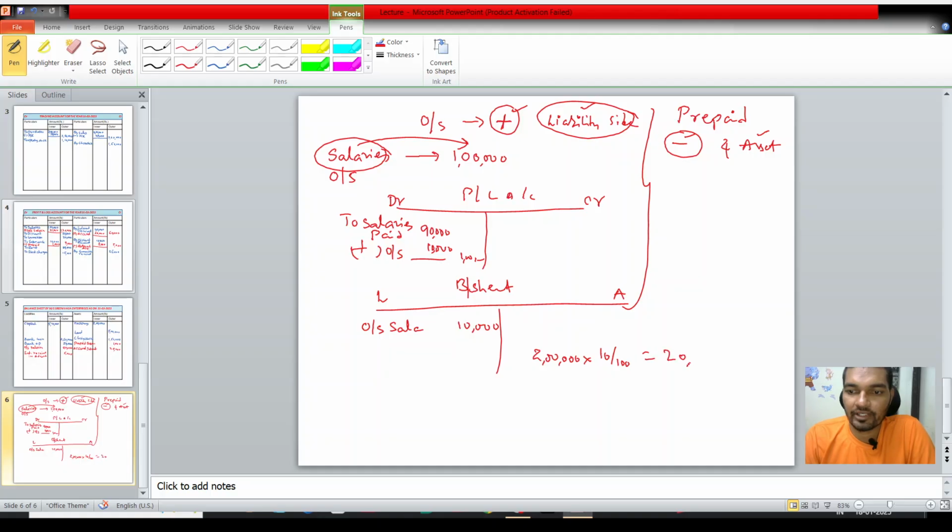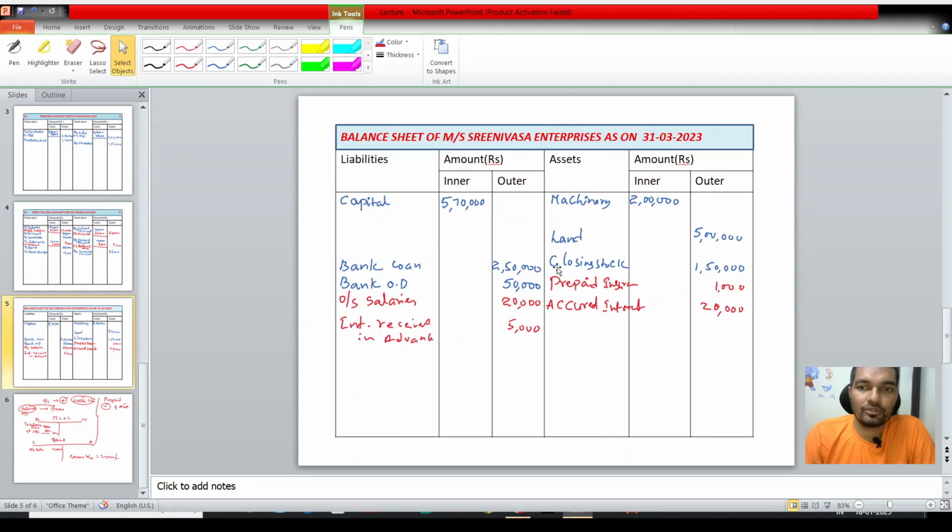So for every year, for the machine, 20,000 rupees of depreciation is occurring. Depreciation must always be subtracted from the asset. The amount of depreciation is 20,000 rupees. So 2 lakhs minus 20,000 becomes 1,80,000 rupees.